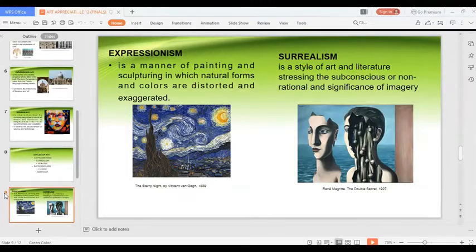So here, the artist accomplishes his aim through distorting lines and shapes and through strong and exaggerated colors to have intense emotion through dynamic application of those mentioned elements.